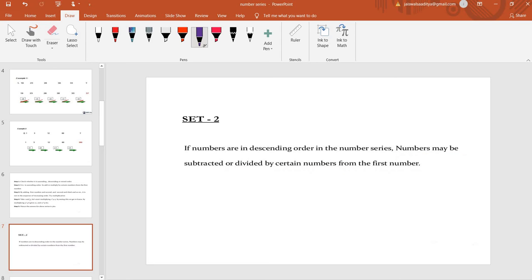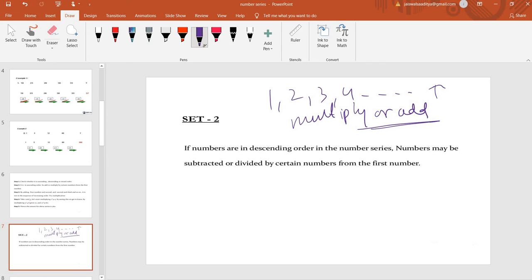If the numbers are in increasing order, then either we have to multiply or we have to do addition, correct? If the numbers are in descending order, then either we have to subtract or we have to divide with a certain number. Just see carefully.